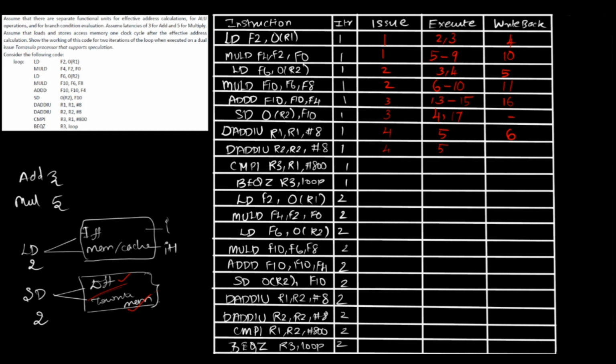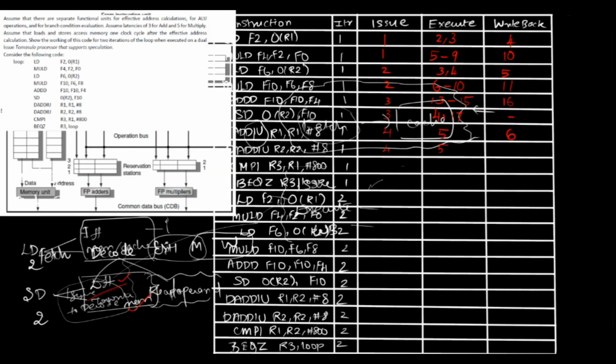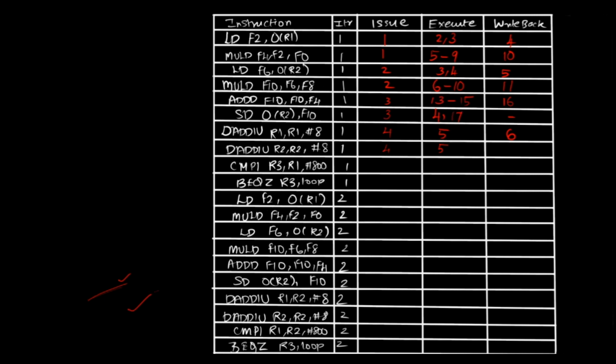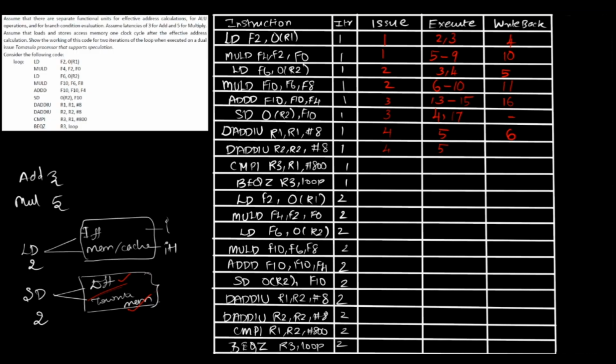Now in our architecture, if you see here, we had only one CDB, so at a time only one value we can write on the bus. But this is again a design issue. Now if there are multiple CDBs available, we could write multiple values into the CDB.